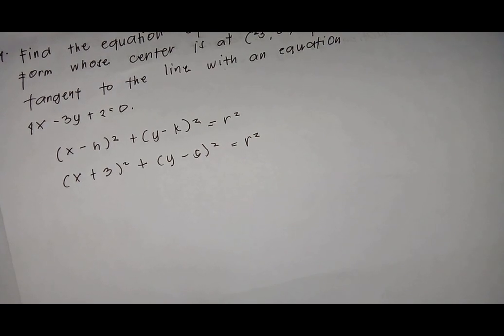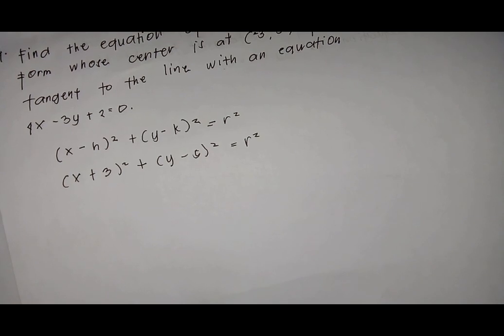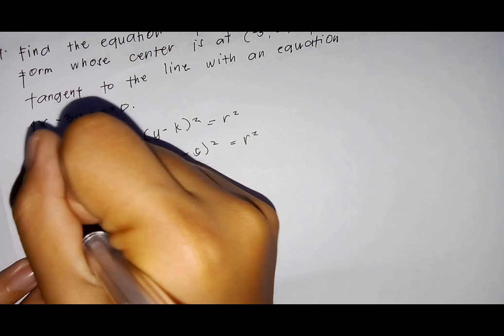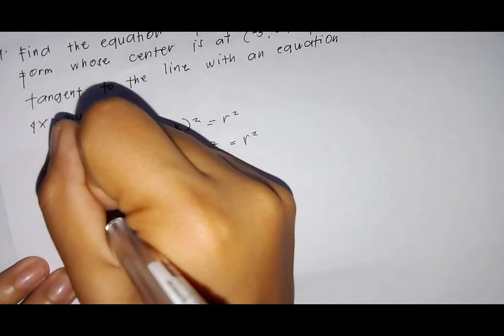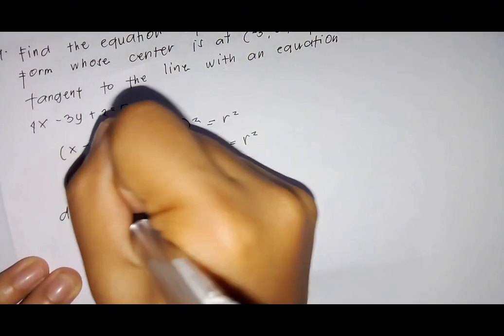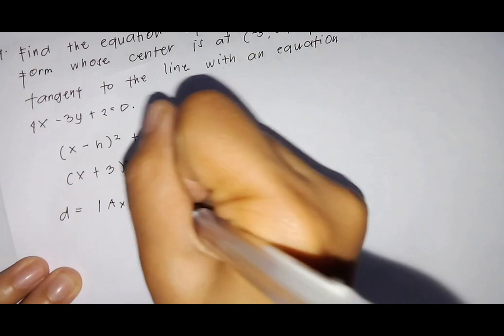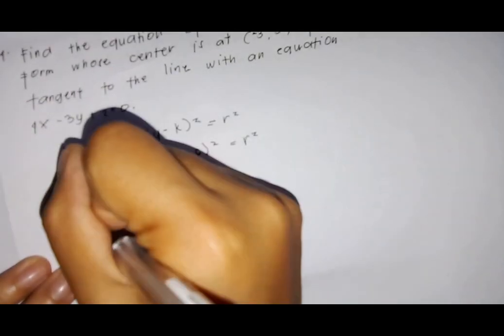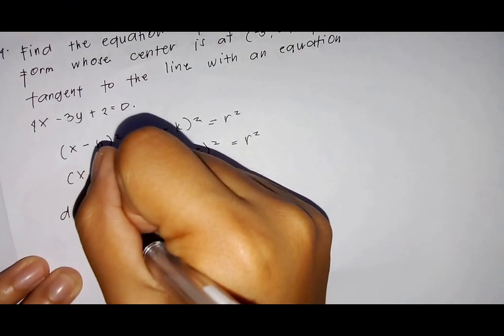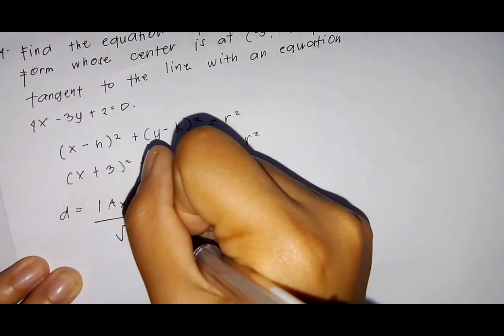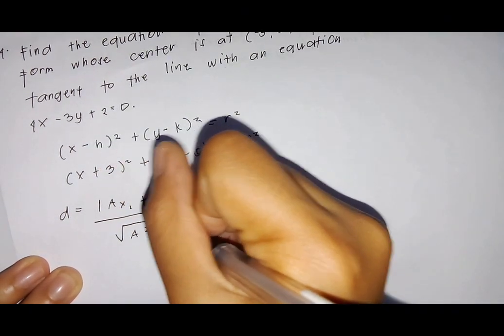The distance d from a point x sub 1 and y sub 1 to a line ax plus by plus c is equal to 0 is given by the formula d equals the absolute value of a x sub 1 plus b y sub 1 plus c over the square root of a squared plus b squared.